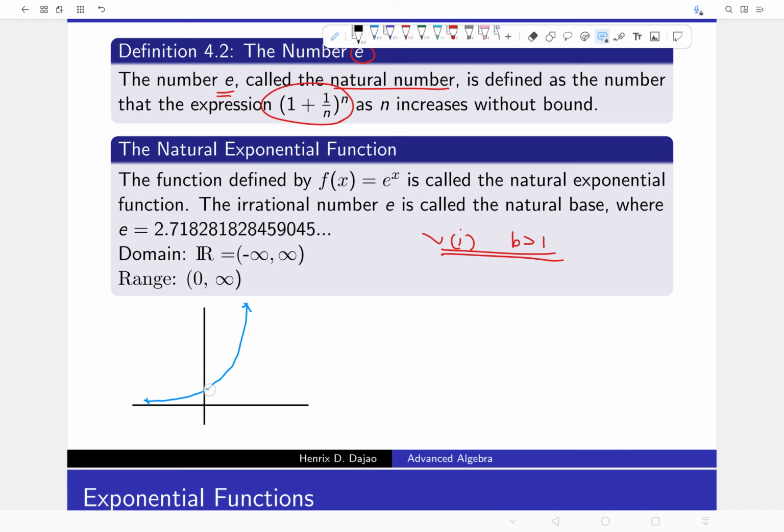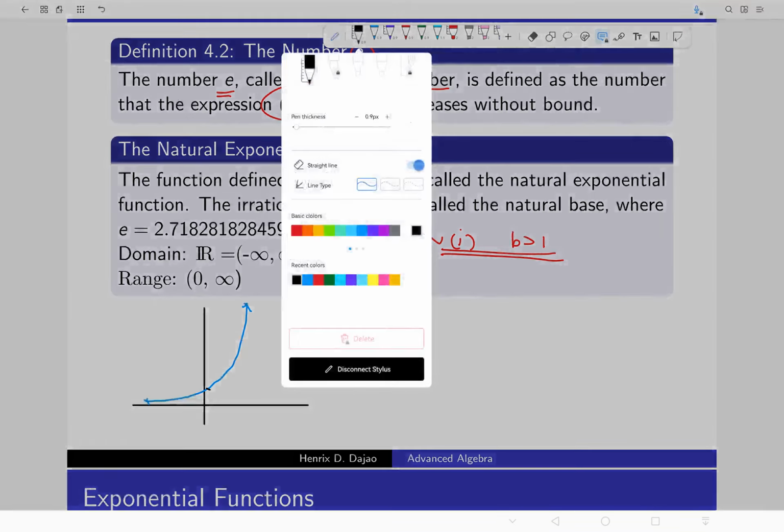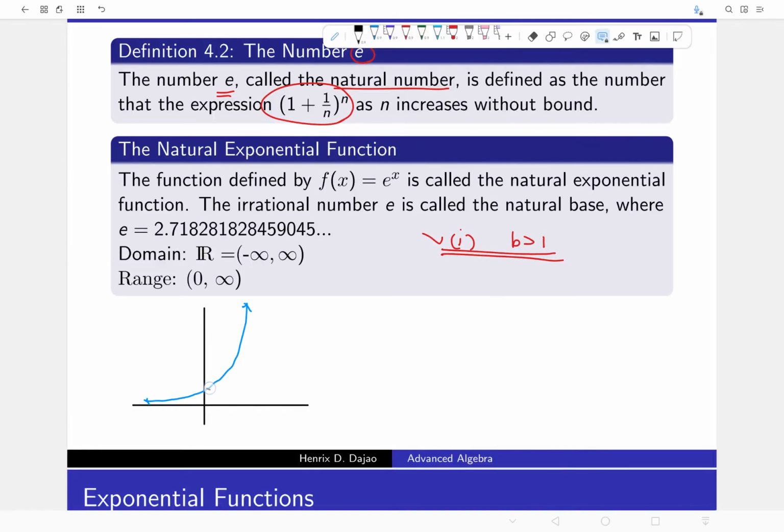The y-intercept here is 1, because if your x is 0, then that's e raised to 0, so that's 1. So the graph of the function f defined by this, our natural exponential function, looks like this.